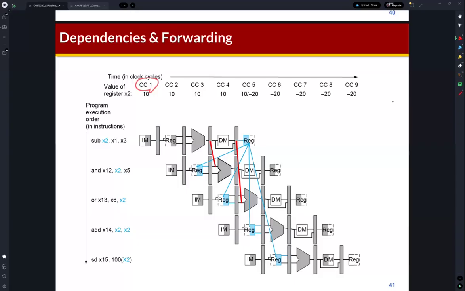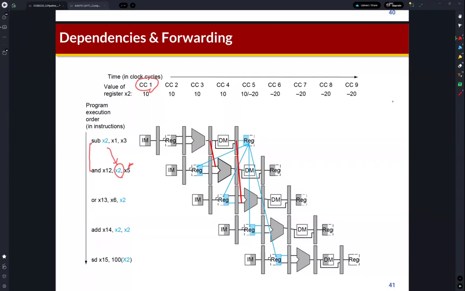The first data dependency is between the sub and the AND. You can find that the AND instruction receives data from the sub instruction, which is the very next instruction, right? We already learned how these data dependencies can be handled in the CPU architecture.